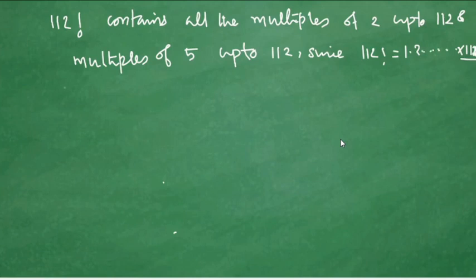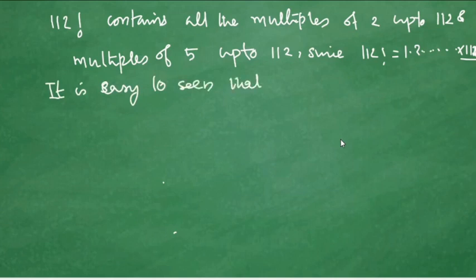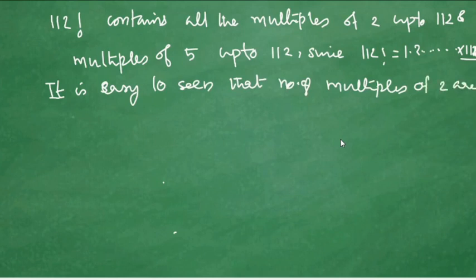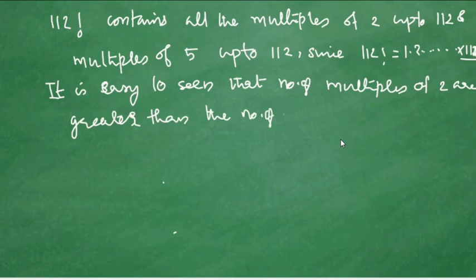And one more thing we can notice here is that it is easy to see that the number of multiples of 2 is greater than the number of multiples of 5.